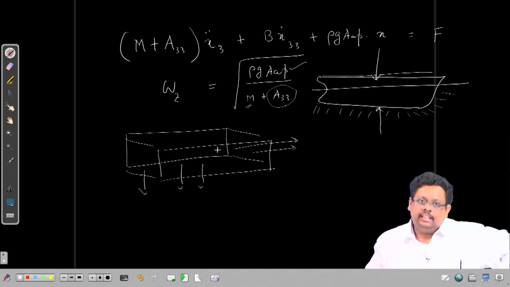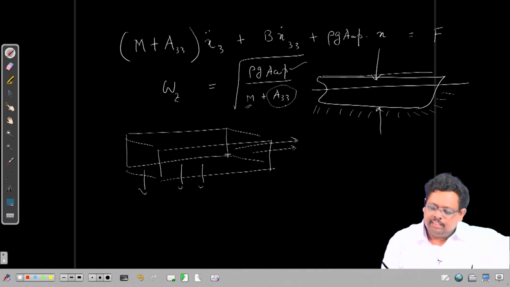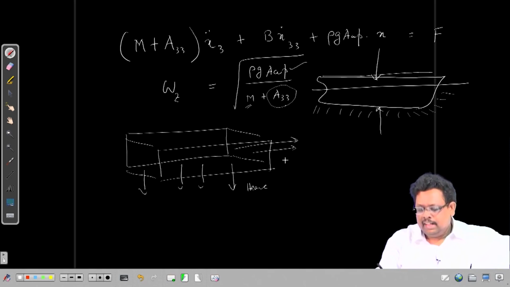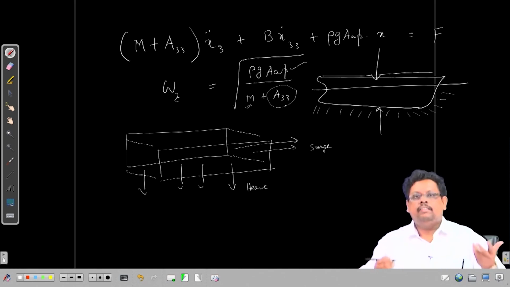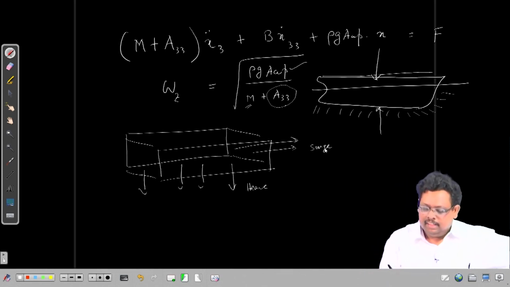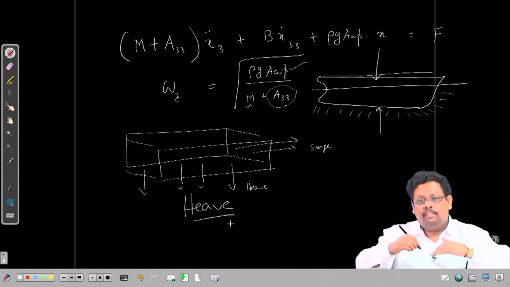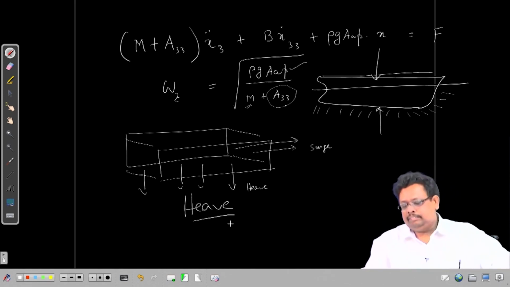Now, having said that, it means that the added mass in heave direction is definitely more than the added mass in surge direction. This is how we could approximate, because in heave mode we are pushing more water compared to surge.